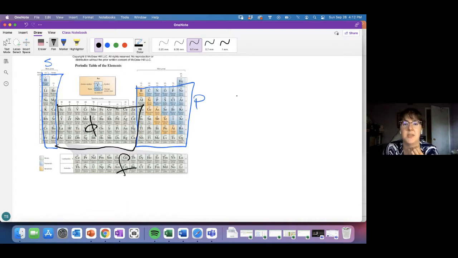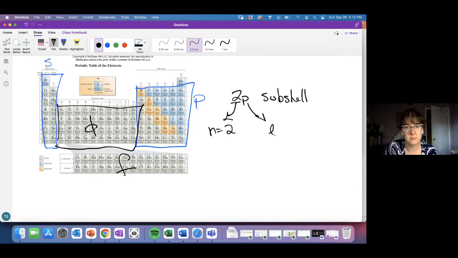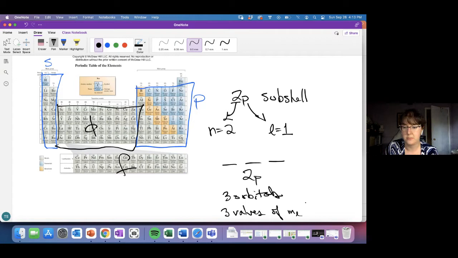So the difficult thing is that when we start to talk about something like the 2p subshell, this language is left over from quantum numbers, where we could talk about the 2 being our value of n, where our p should relate back to a value of L. And even the number of electrons that are housed in it relates back to our values of m sub L. So the fact that I should have 3 orbitals relates to my 3 values of m sub L, -1, 0, and +1.